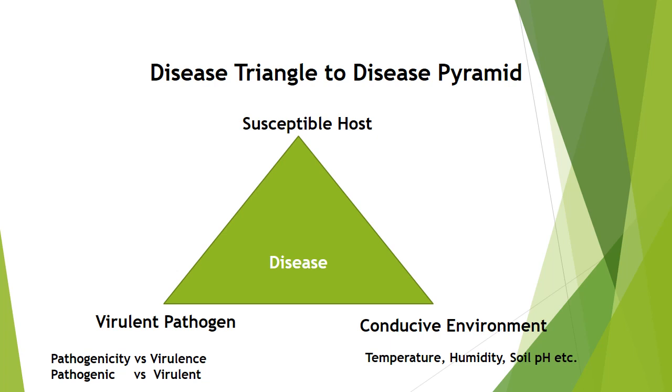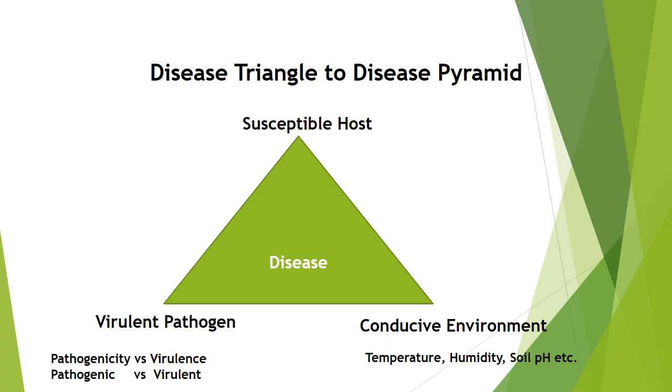What is the idea? The basic idea is that disease in plants is only possible if there is a susceptible host and a virulent pathogen, and they interact with each other under a conducive environment. So first, I would like to talk about the susceptible host.